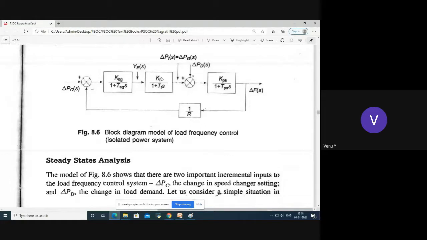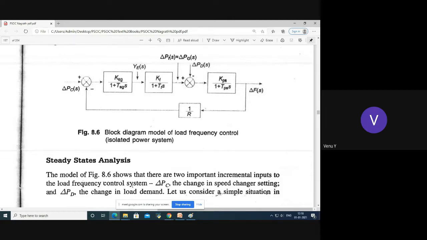So in single area systems, one is in your regular practice experiment. The other one you can use as a course project in the laboratory. All right. Like that, you can analyze the single area system. So this is the model.